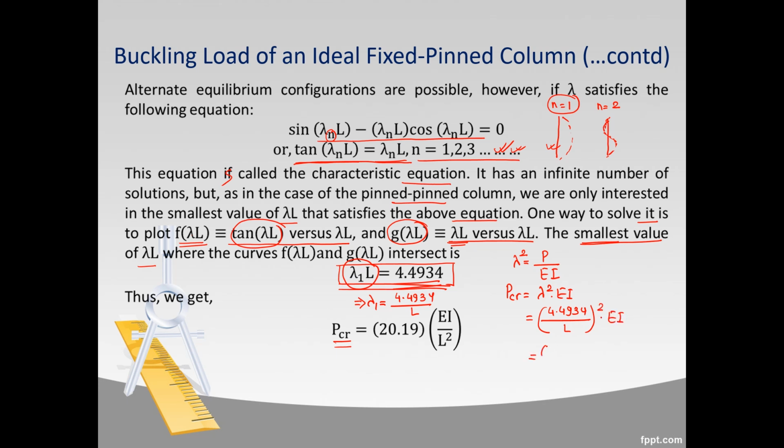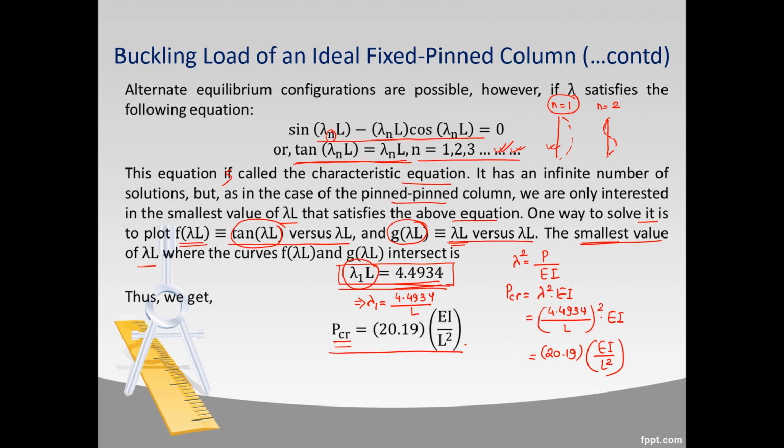This is nearly equal to 20.19 EI over L square. So this is our critical load for the column that we are discussing now, that is the fixed and pinned column.